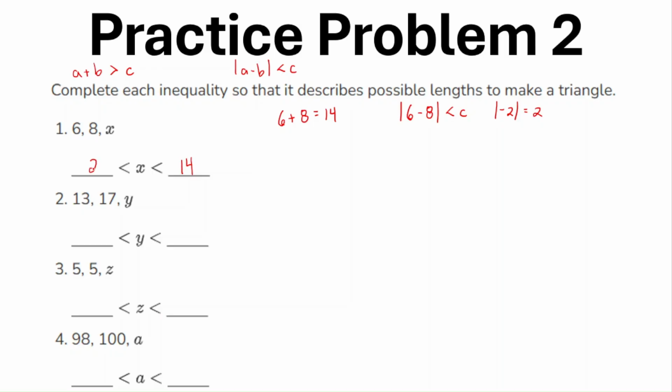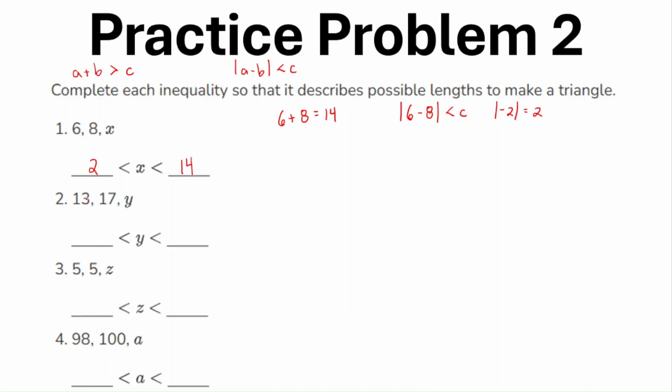So on my low end, this missing value needs to be bigger than 2, and then it could be the shortest length, but it would still allow this to be a triangle. And then on the long side, it needs to be less than 14, otherwise 6 and 8 can't go together and reach the end of it and make a triangle.